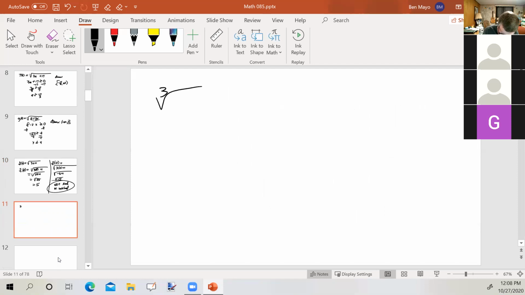the cube root of negative 27? What's that? Oh, wait, can we take an odd root of a negative number? Yes, we can. You just can't take an even root of a negative number. So what's the cube root of negative 27?